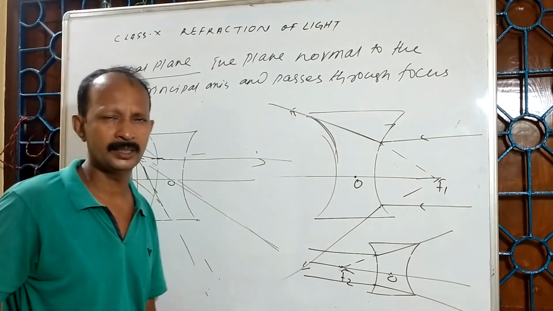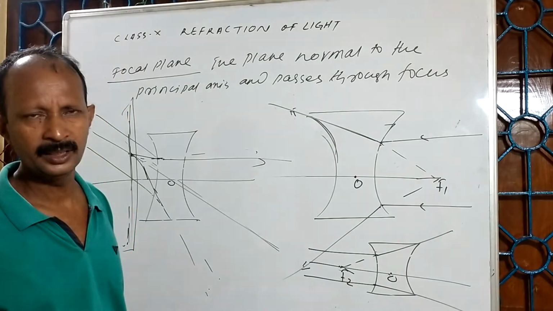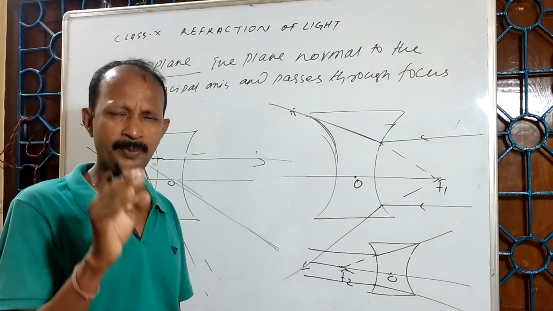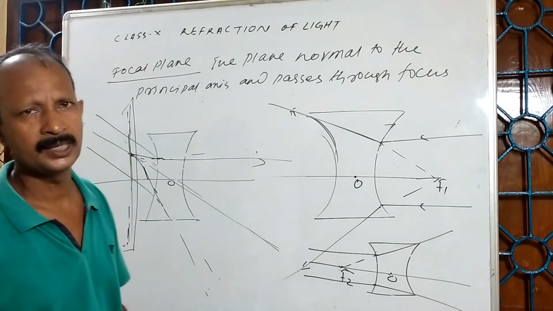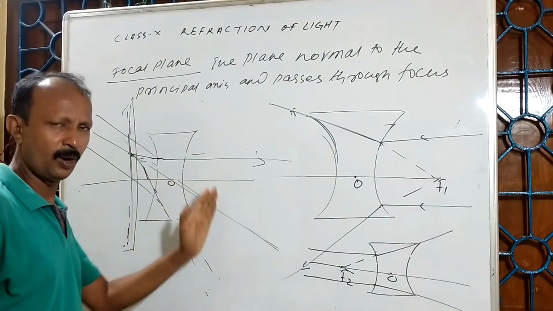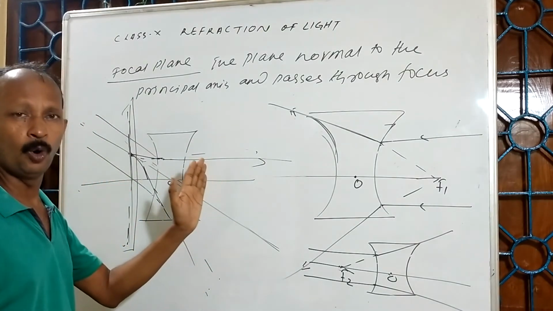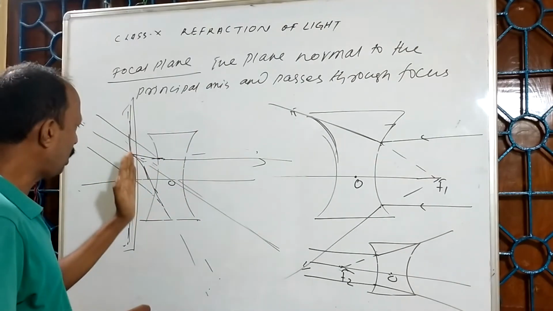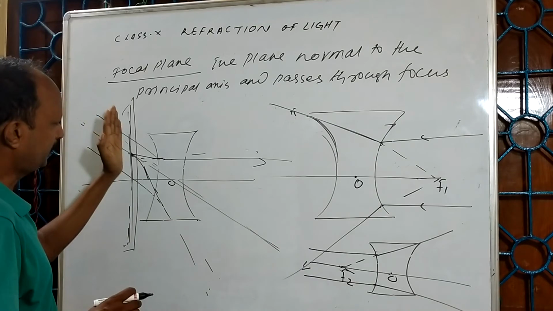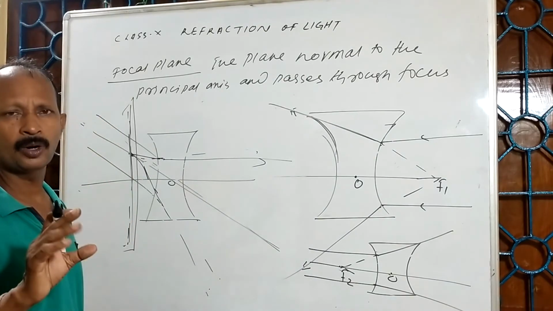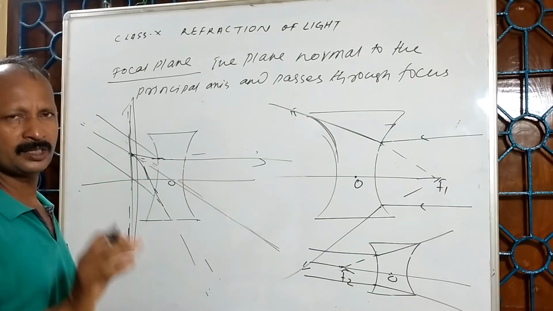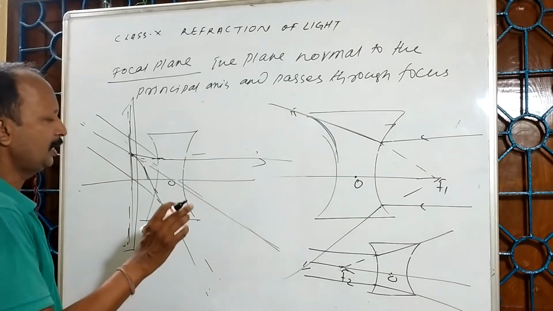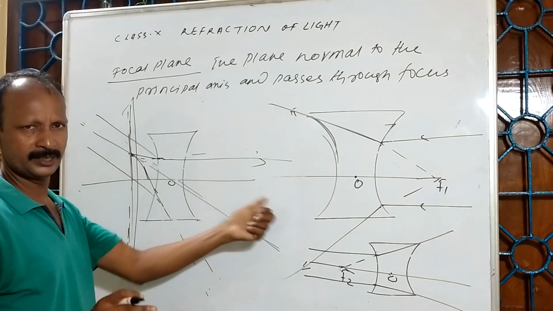How did I say that? Those light rays are coming as parallel rays, but oblique to the principal axis. They will meet at a point on the focal plane. Whether it is a convex lens or concave lens, they will meet at the focal plane. In case of the convex lens, I said left side is F1, right side F2.